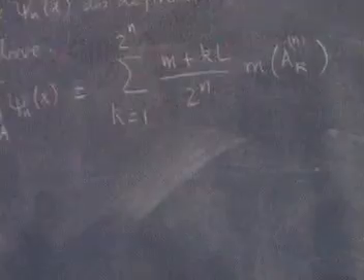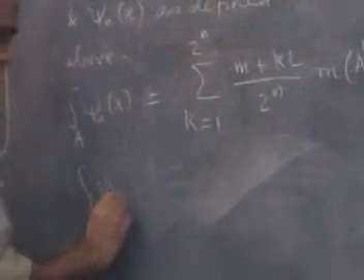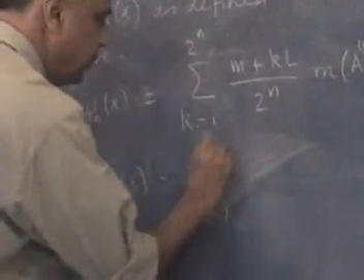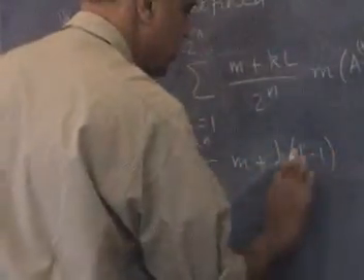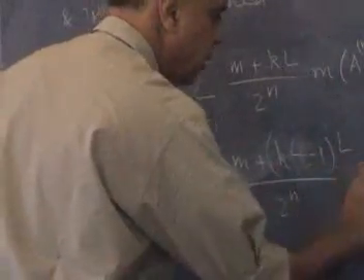Incidentally, what is L? L is the range, M minus m. Then similarly, the integral of phi n is equal to the summation k equal to 1 to 2 to the n, of m plus (k minus 1) times L by 2 to the n.